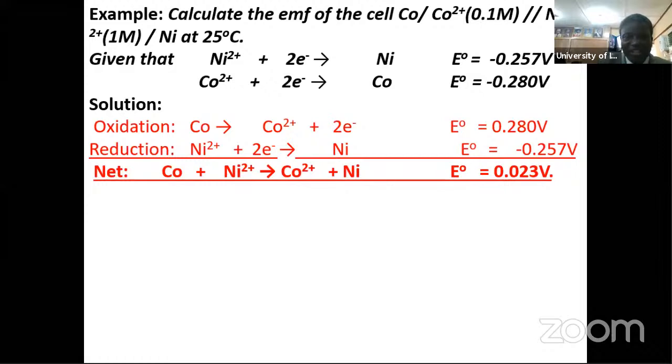The same way you have added these two half reactions together, you have to add this together. And your E naught cell here, because these are the standard conditions, will be equal to 0.023 volts. This is E naught cell. Is that okay?